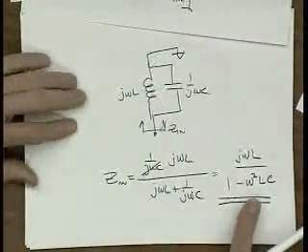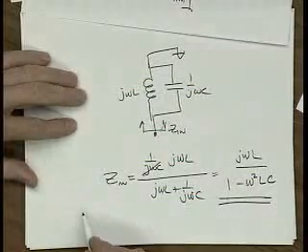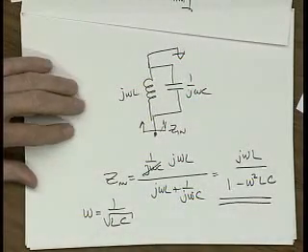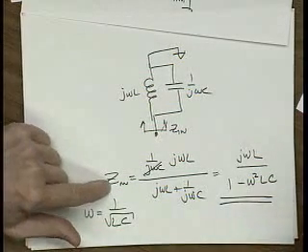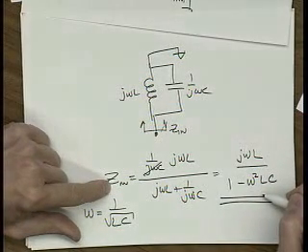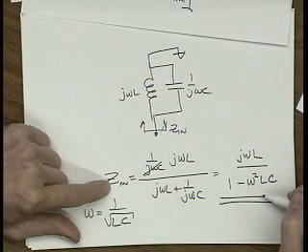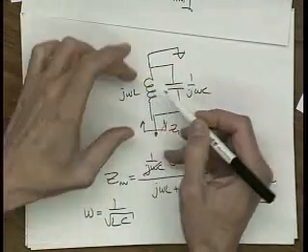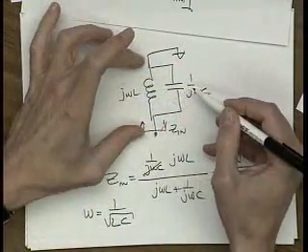Look at this. Isn't something interesting happening around omega equal to 1 over root LC? What happens to our impedance? It goes to infinity. So inductors can actually tune out capacitors. You put an inductor in, you design it like a tank.